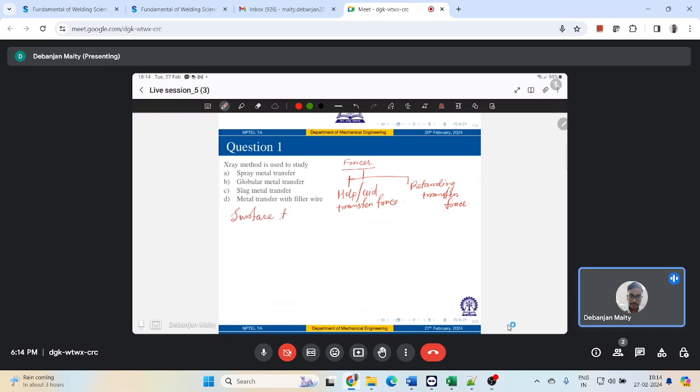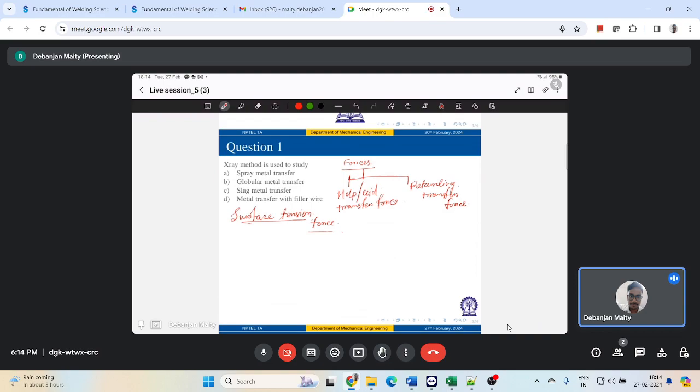So we talk about surface tension force. Surface tension force is a kind of retarding force which will try to keep your droplet in its same position. It will not help you to deposit onto your weld metal.